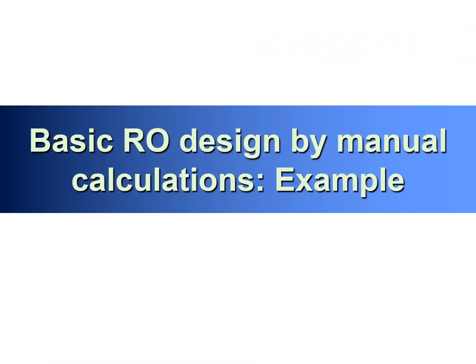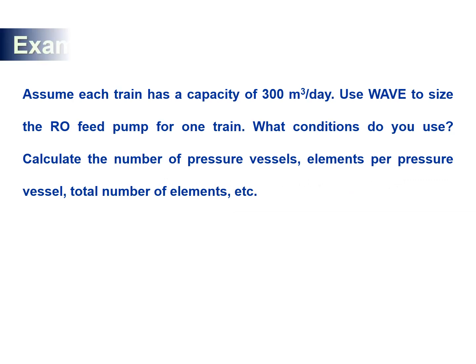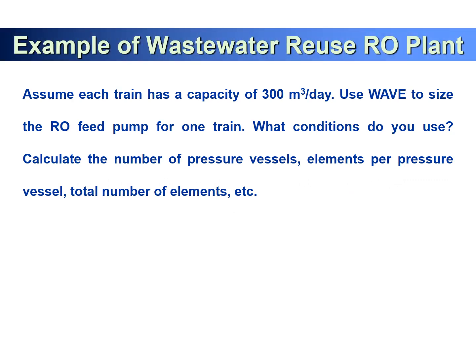So let's go to one example for wastewater reuse plant RO design. Let's assume each train has a capacity of 300 cubic meters per day. Let us use WAVE to size the RO feed pump for one train.